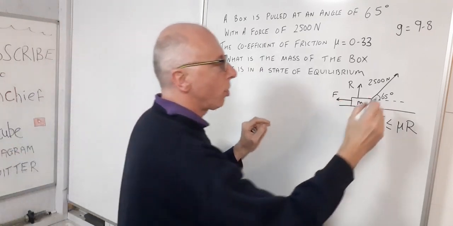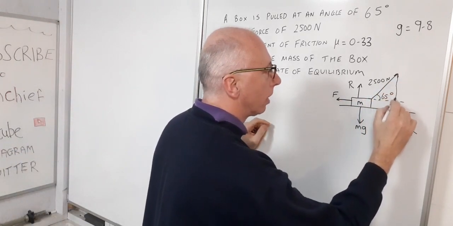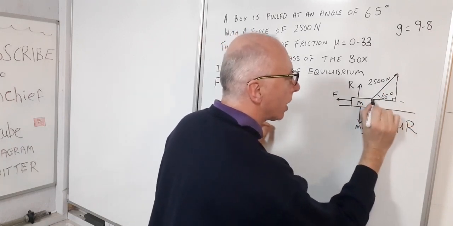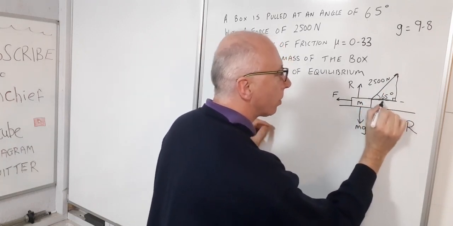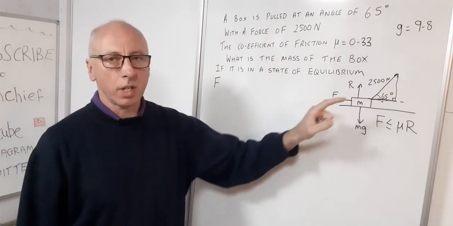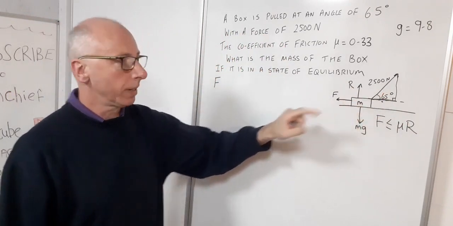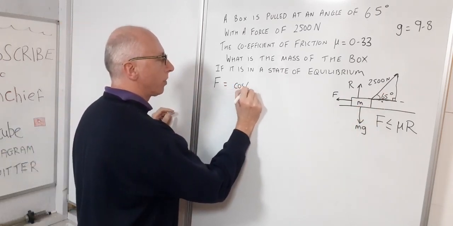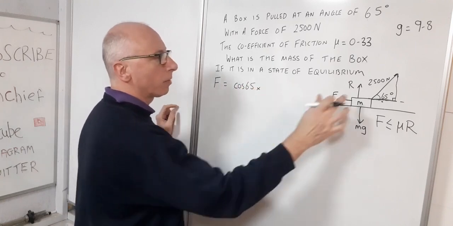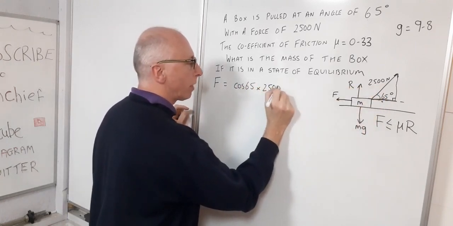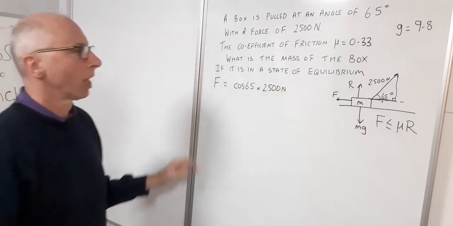So if we draw a triangle on here and make a right angle, we can use trigonometry because we need to find the magnitude of this force here. Now, as it's adjacent to the 65 degrees, we can use cosine. So force equals cosine of 65 times this force here, which is 2,500. That's the magnitude of our force.